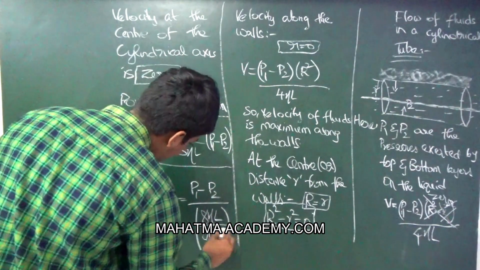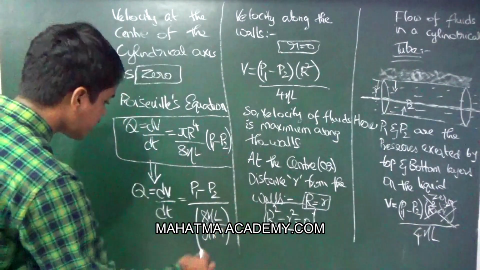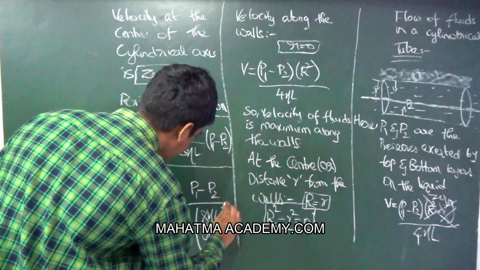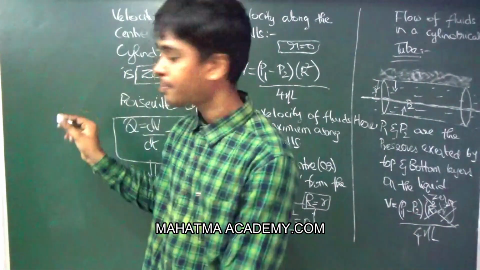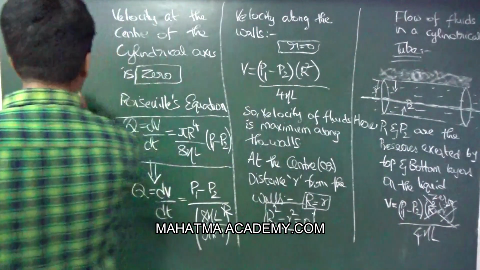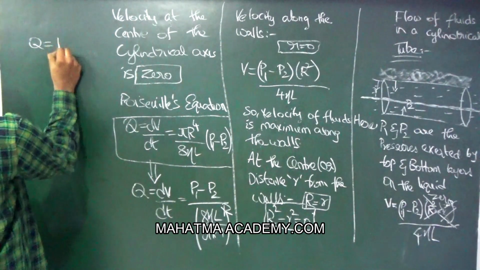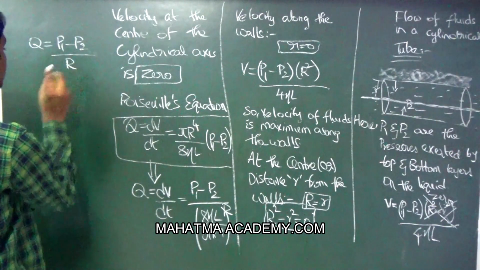We will take this term as R, or something, pick your R. Okay, now Q is equal to P1 minus P2 upon R.